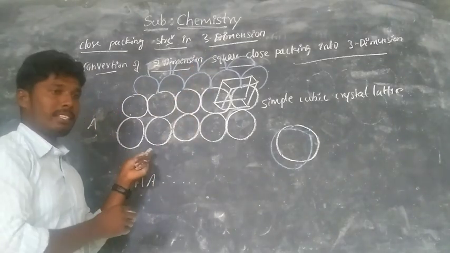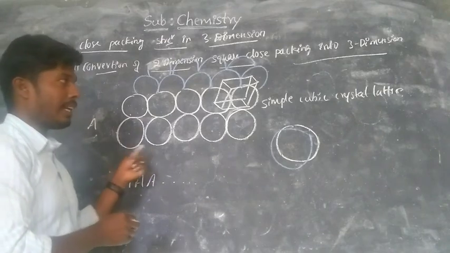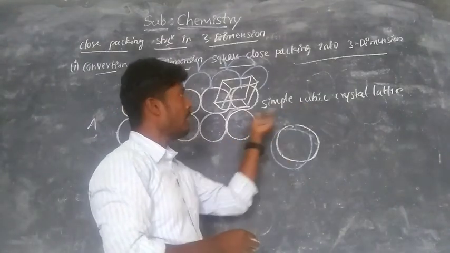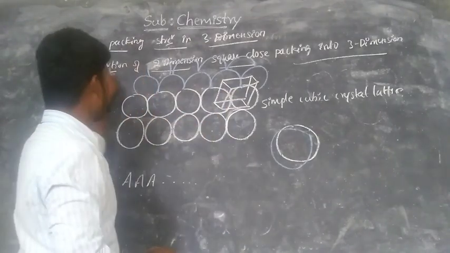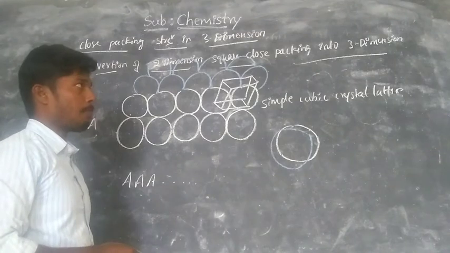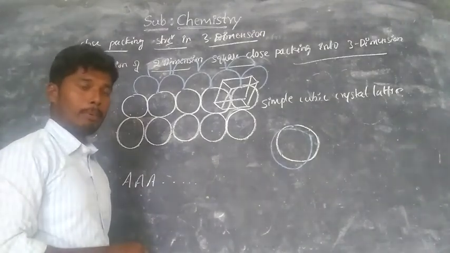That is overall present in the crystalline lattice. Just taking simple cubic crystalline itself, the particles are like that. This is called conversion of two-dimensional square close packing into three-dimensional square close packing.